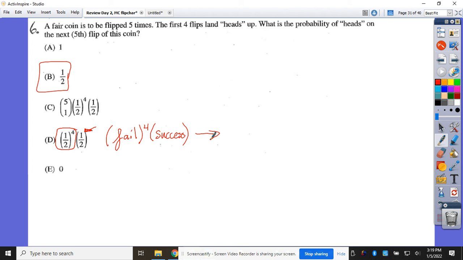What is that called? Until my first success. Oh, geometric. So this one is set up to look like geometric, even though the wording of the problem is a little bit different. What is C set up to look like?